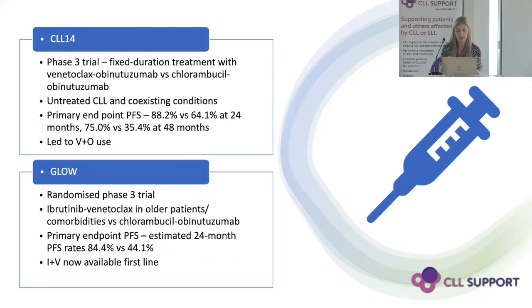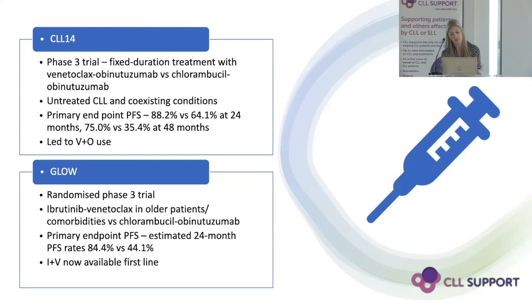CLL14 was a phase 3 trial comparing treatment with venetoclax obinutuzumab with chlorambucil obinutuzumab in untreated patients with comorbidities. You'll see the progression-free survival here was much improved with the venetoclax obinutuzumab combination, and this has again led to us having access to venetoclax obinutuzumab as first-line treatment for our patients.